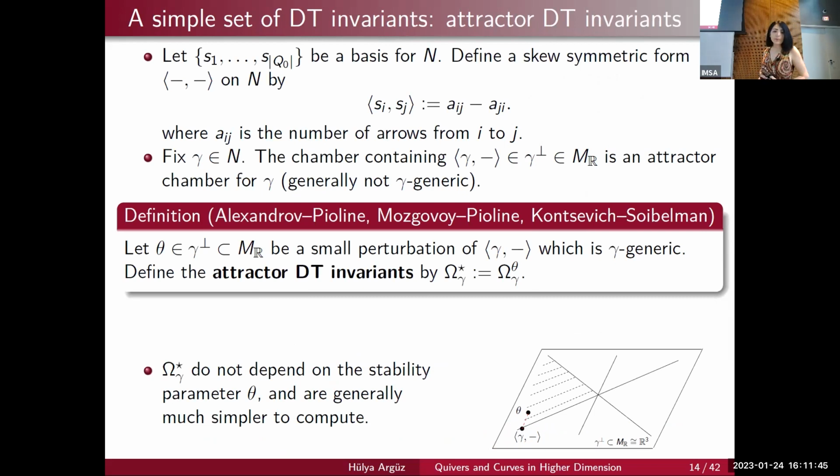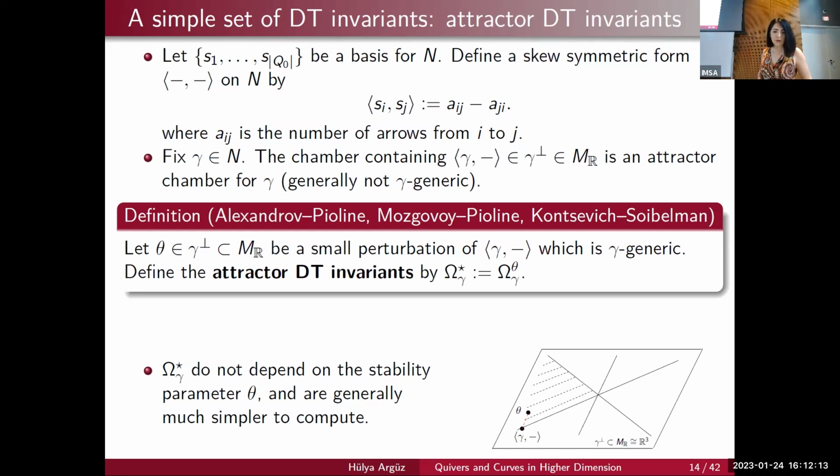So to define them, I fix a basis for N, the lattice Z^n, where n is the number of vertices of a quiver, and I define a skew-symmetric form on N by this formula, where <e_i, e_j> is defined as a_ij minus a_ji, where a_ij is the number of arrows from i to j in your quiver.